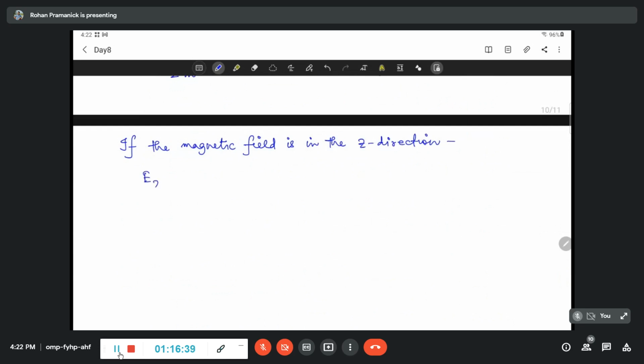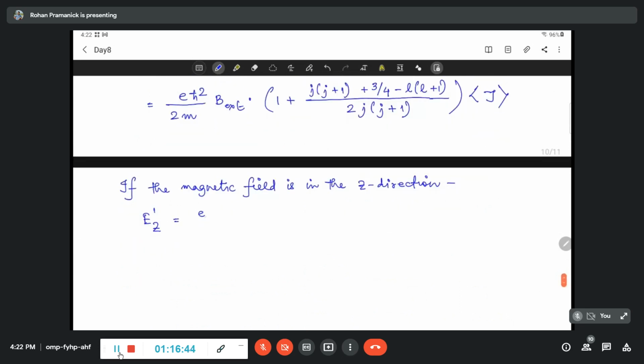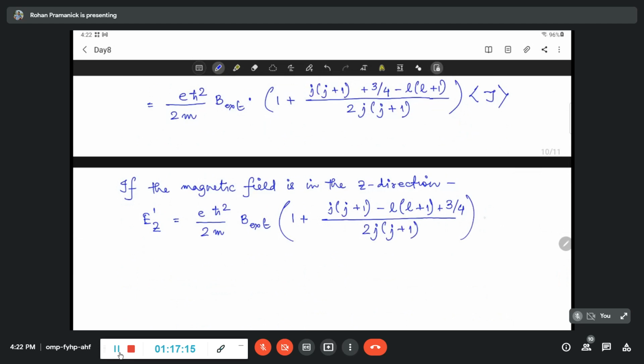Then this correction for the weak magnetic field in the Zeeman effect is nothing but e h-bar squared by 2m times B external times 1 plus J times J plus 1 minus L into L plus 1 plus 3/4 by 2 into J plus 1, and this is Jz.